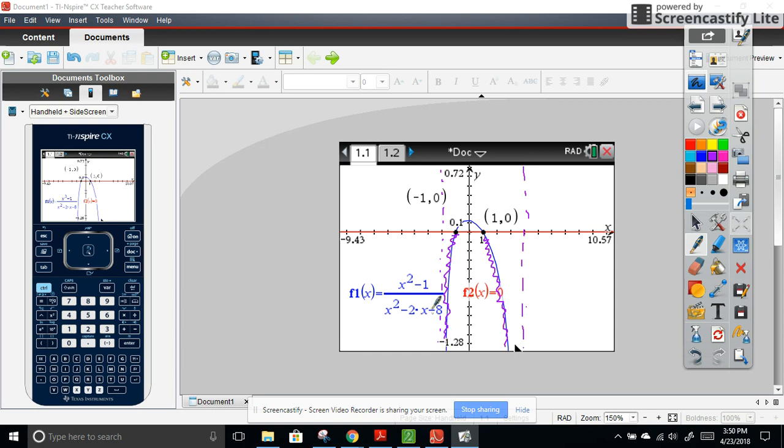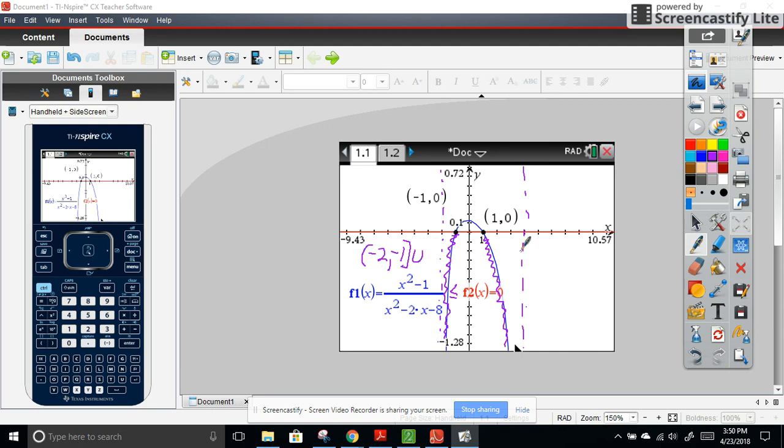We start this shading way down here, but that's starting at -2. It does not include -2 because we have an asymptote right there. And then it stops at -1. We do include the -1 because we were looking for less than or equal to, and it said to include where it's on the x-axis. It's on the x-axis at -1.